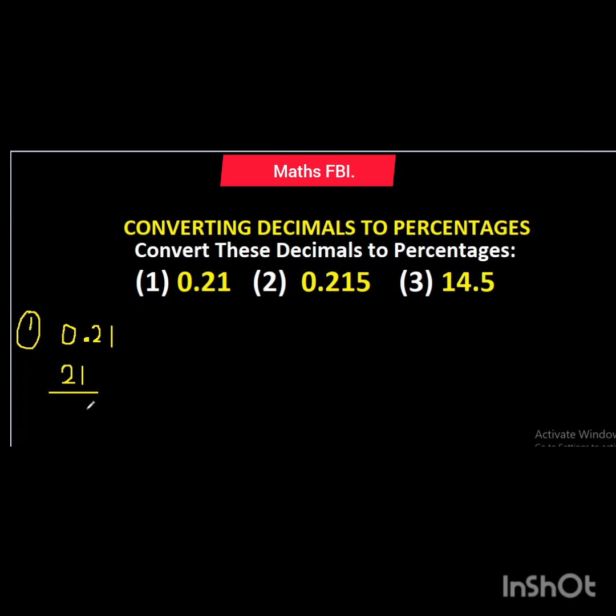So that will be 1 followed by 2 zeros. So 0.21 in fraction is 21 over 100.